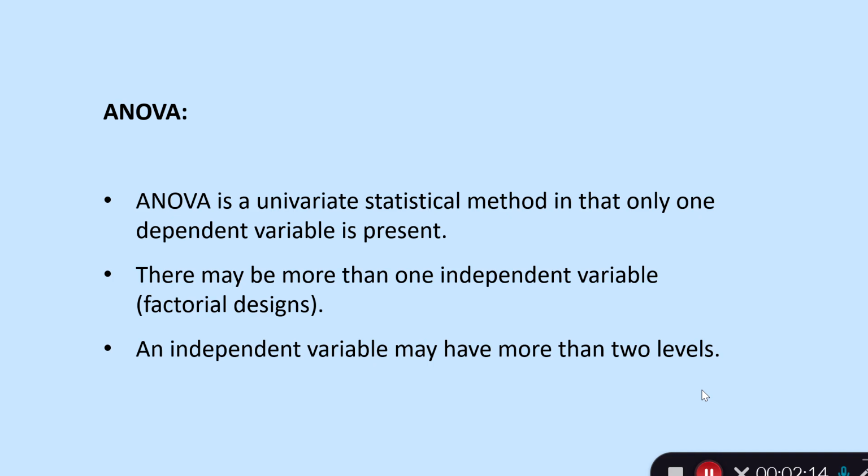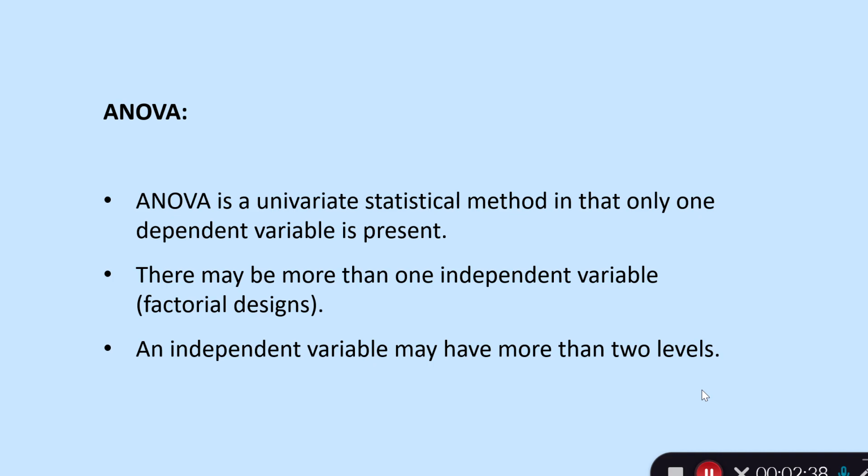There may be more than one independent variable, in which case we have a factorial design, and those are the types of things we've looked at so far on this module. So we've looked at one-way ANOVA, where we've got one independent variable and one dependent variable. The independent variable has different groups, different categories, and the dependent variable is measured on a continuous scale.